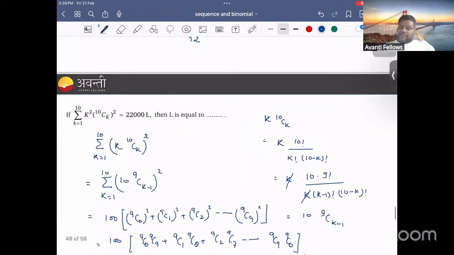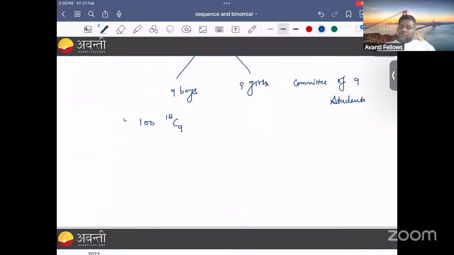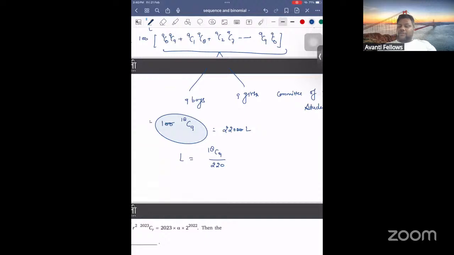They are saying it is 22,000 into L. Now, this one requires your attention and calculation. So if it is equal to 22,000 into L, so 100 cancels 2 zeros. So your L is 18C9 upon 220. Now you simplify it, you get the value of L.